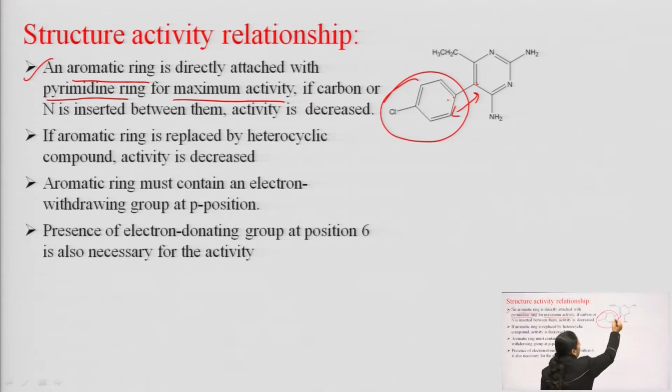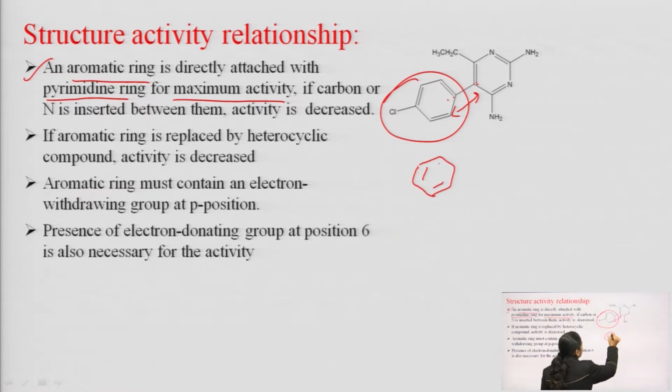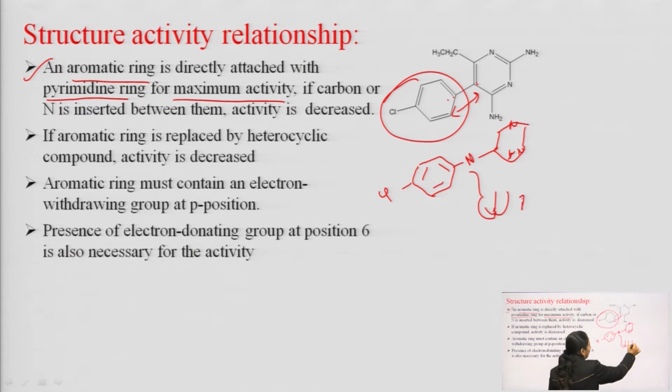If there is an insertion of any atoms like nitrogen and carbon between these two rings, it leads to a decrease in activity. So, there should be a direct linkage.